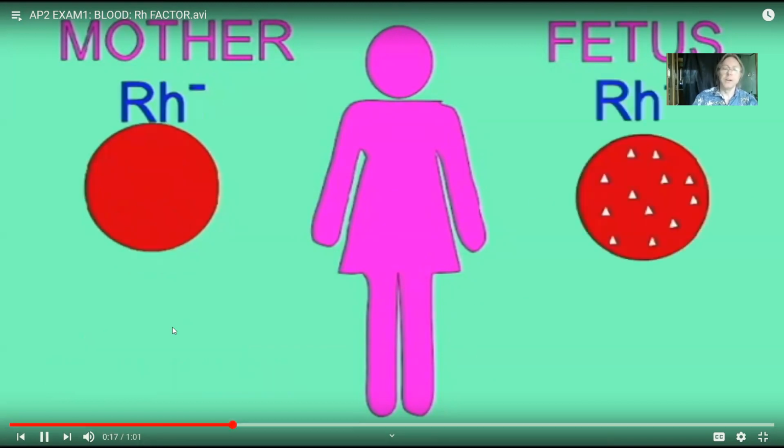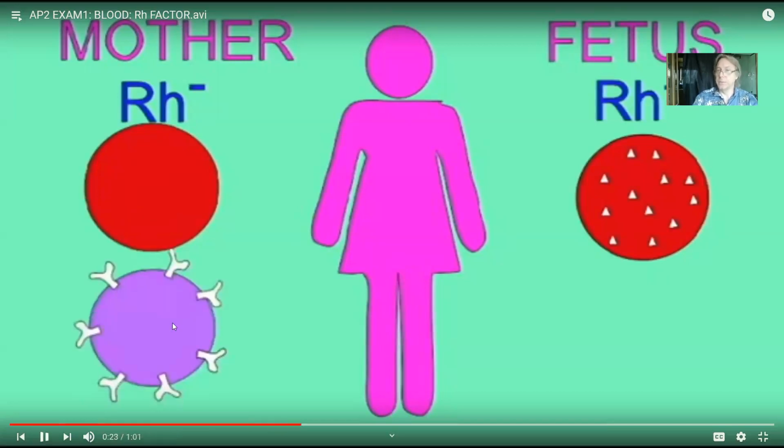But the scenario is different if the mother is Rh negative. Rh negative women can make anti-Rh antibodies. So if the father was Rh positive and the fetus is Rh positive, this is potentially a problem because this woman would recognize white triangles in fetal blood as foreign, but not the first time.